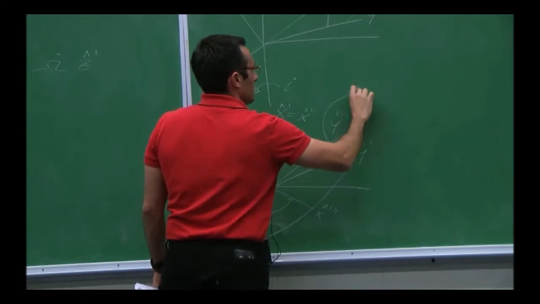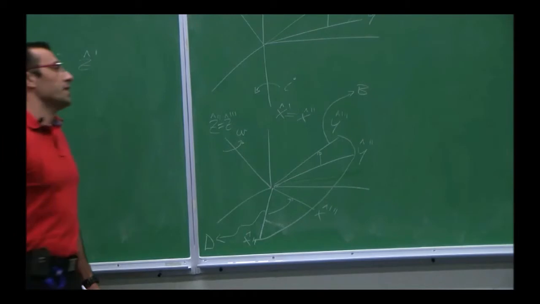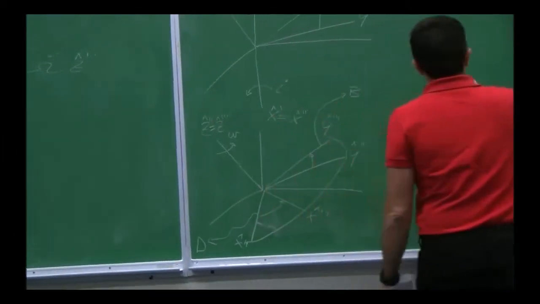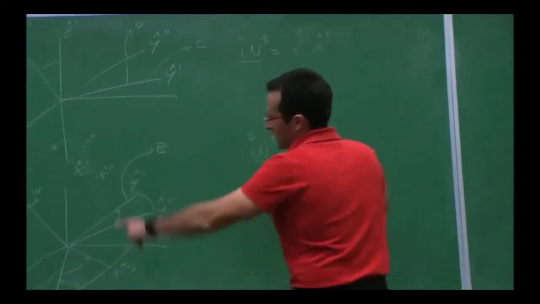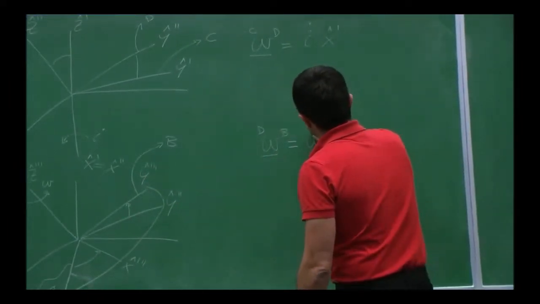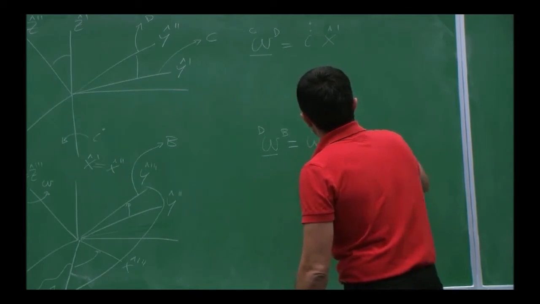I don't have any more rotations. And so the angular velocity of B with respect to D, it's another single axis rotation, is little omega dot z second or z third, it doesn't matter. It's the same thing.